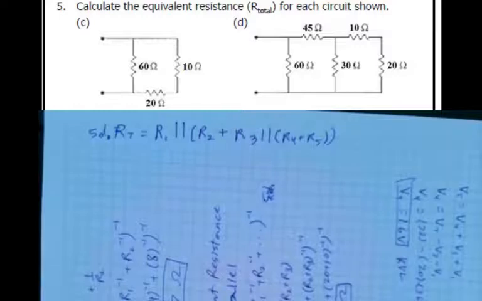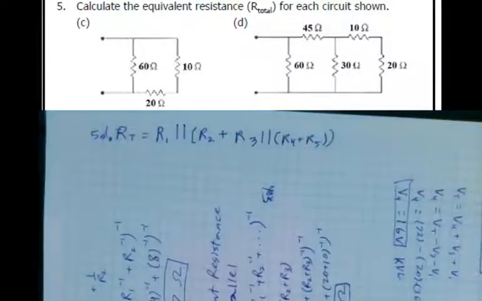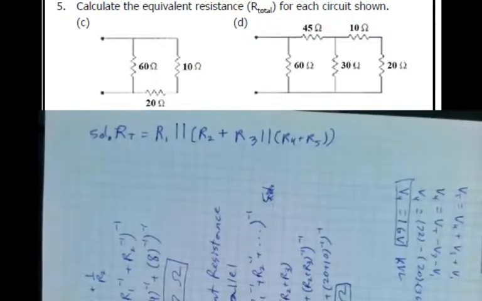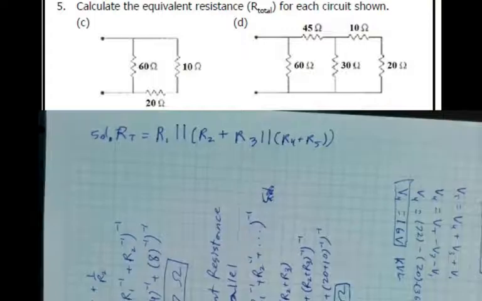So altogether, we're going to have this 60 parallel added to our 45 plus the parallel add between 30 and the series add between 10 and 20.